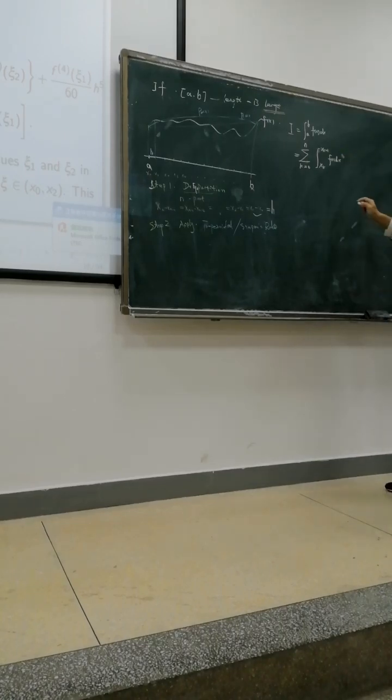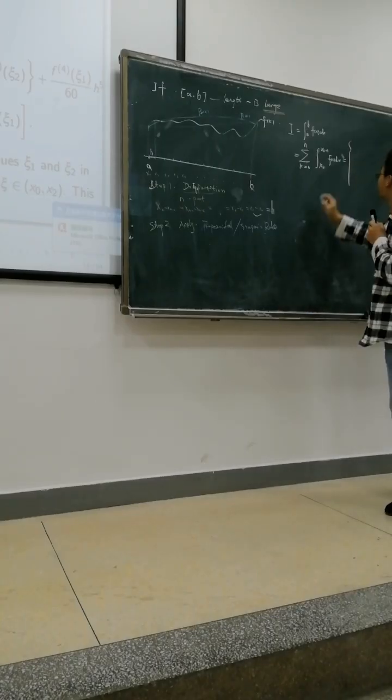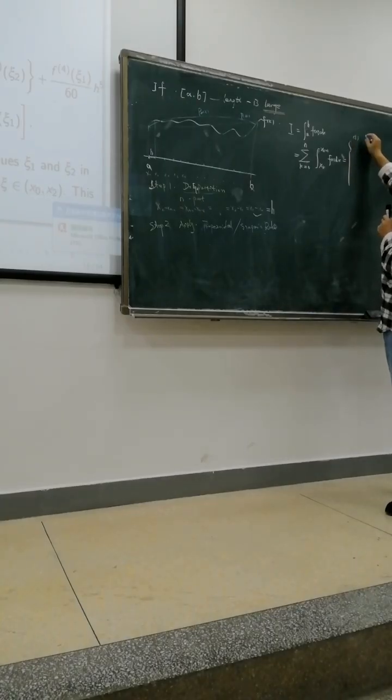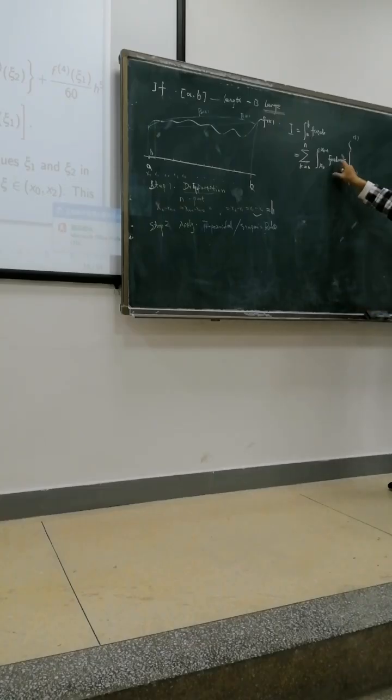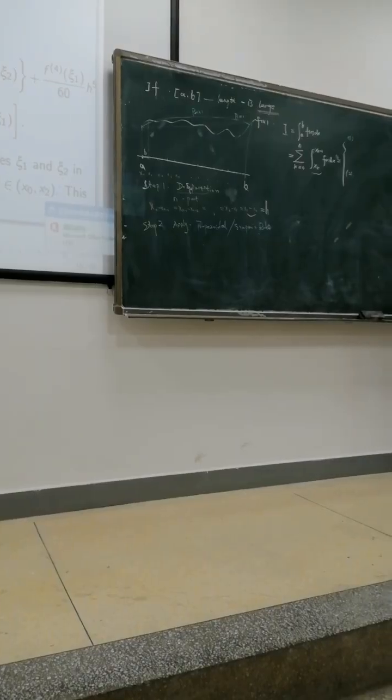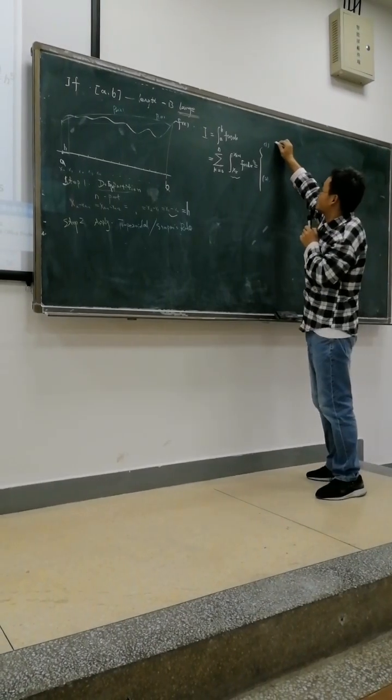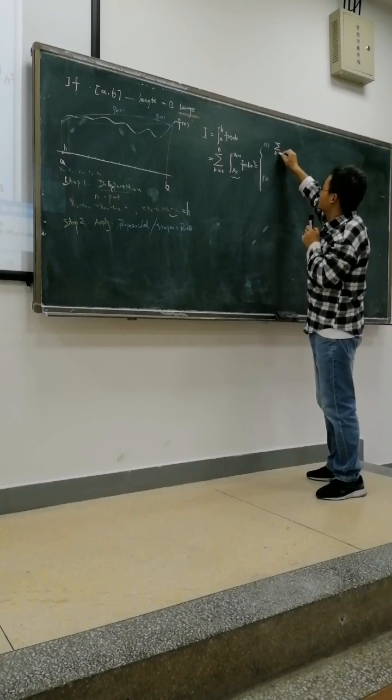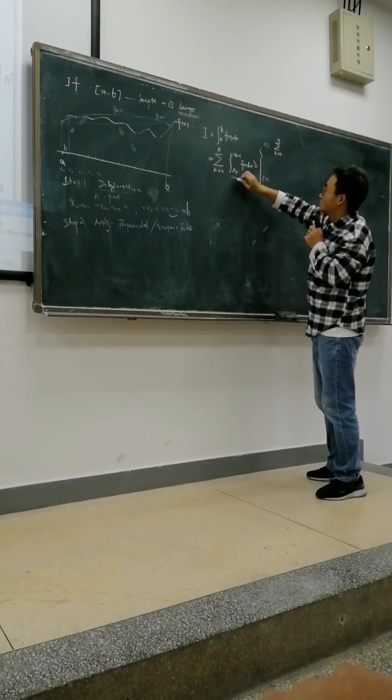If we apply the first, the trapezoid rule, and the second, Simpson's rule, let's take a look at what happens. If we apply the trapezoid rule at each subinterval, this will equal the summation k equals 0 to n minus 1.